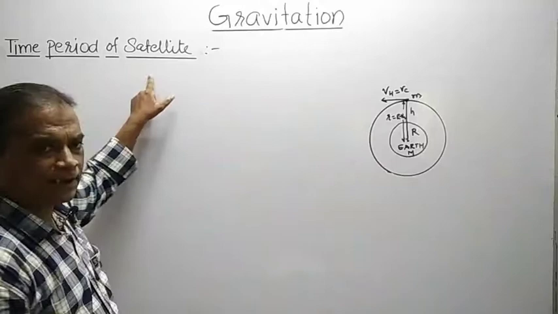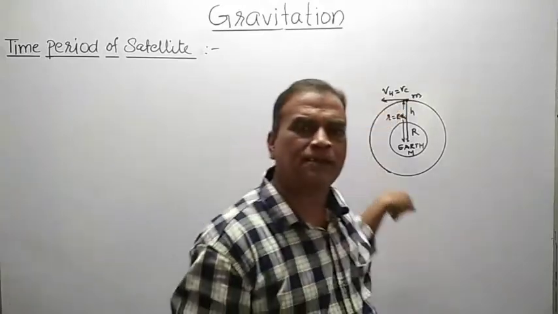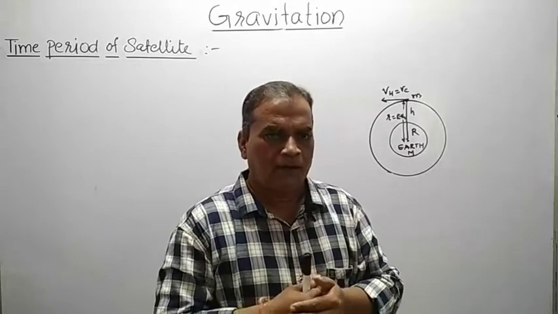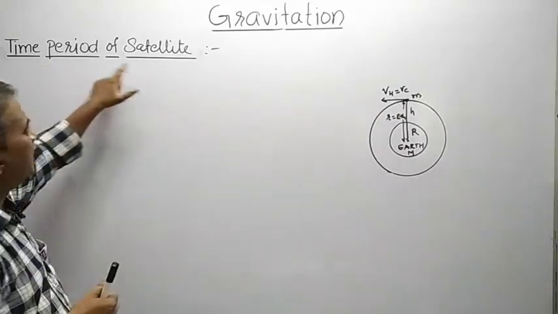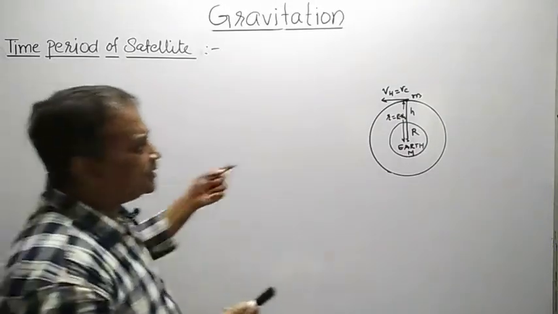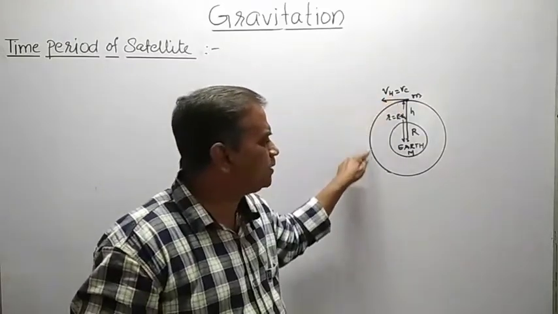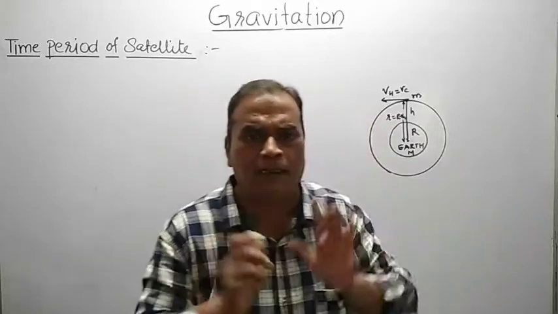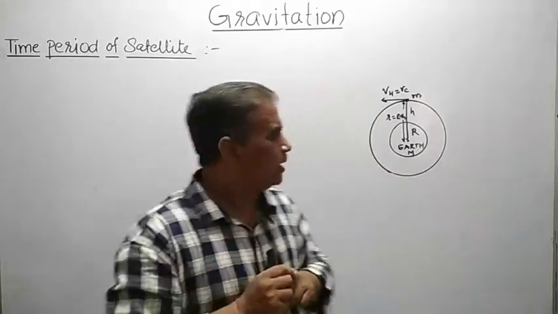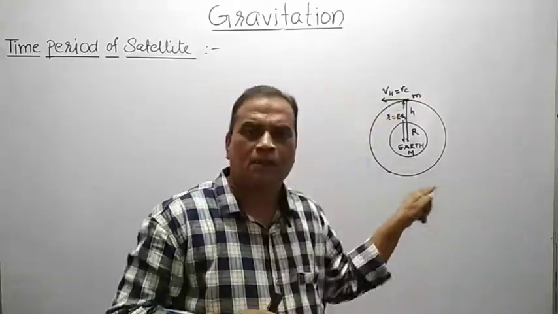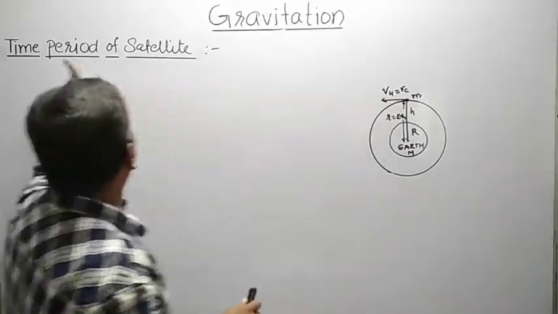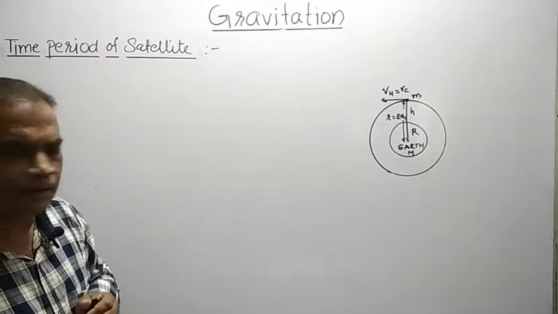You know very well that a satellite is performing circular motion around the planet Earth. The time taken by a satellite to complete one revolution around the Earth is called the time period of the satellite.